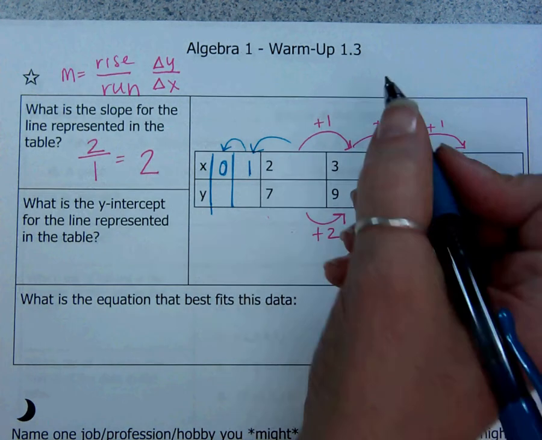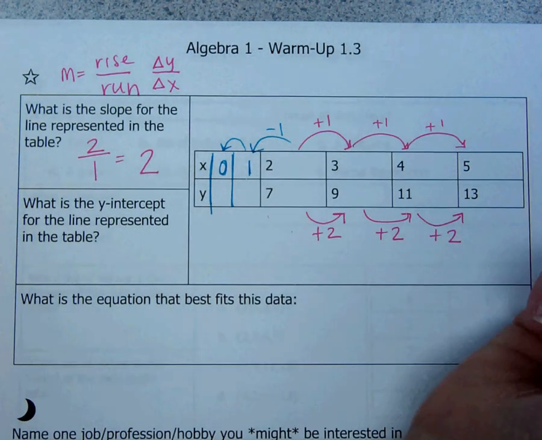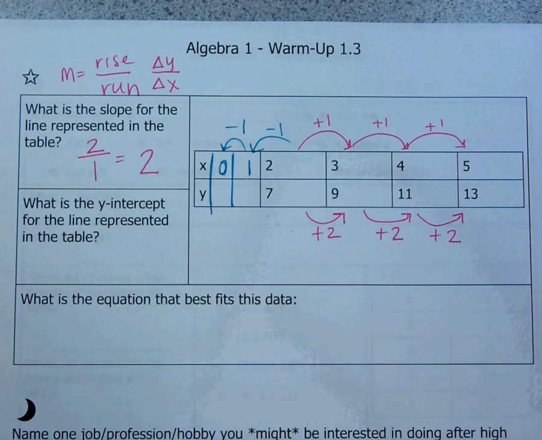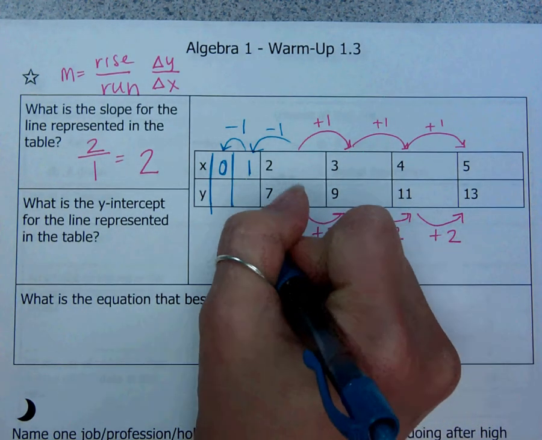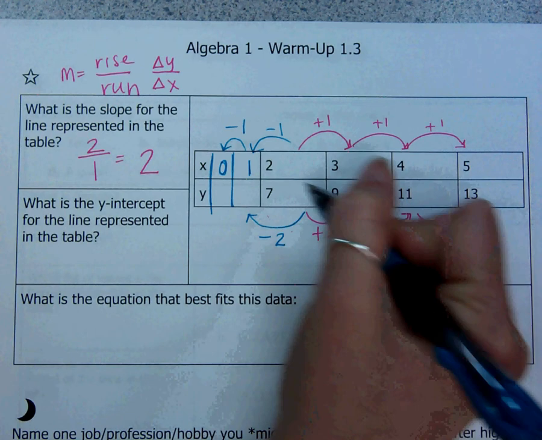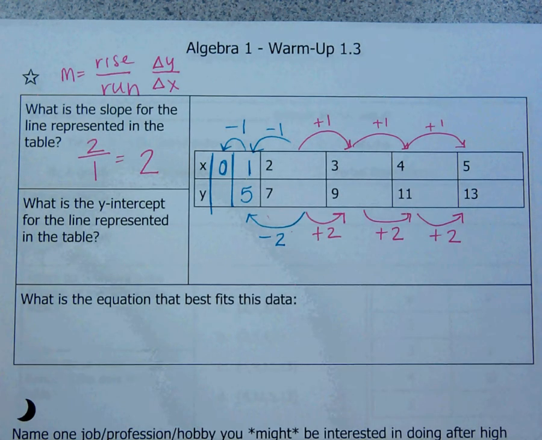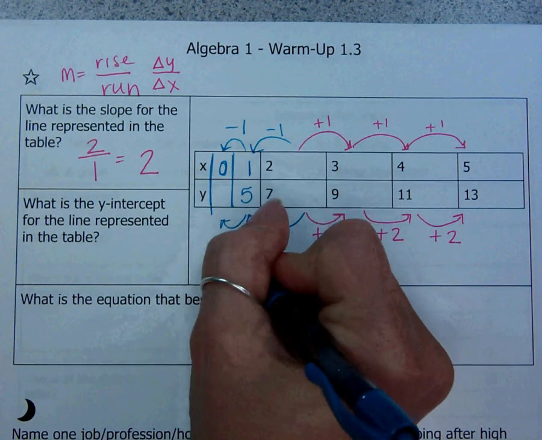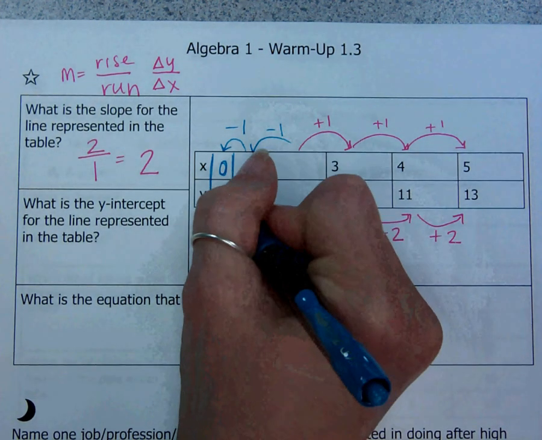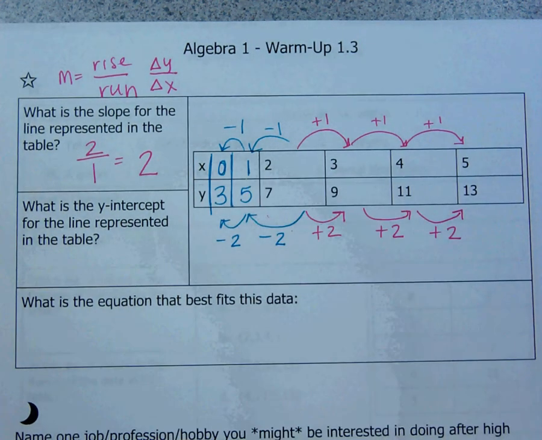In order to go backwards, I'm having to subtract. To go this way, I'm going to take 7 minus 2, which is 5. Then I'm going to take 5 minus 2, which is 3. So what I'm looking for here is this value of (0, 3).